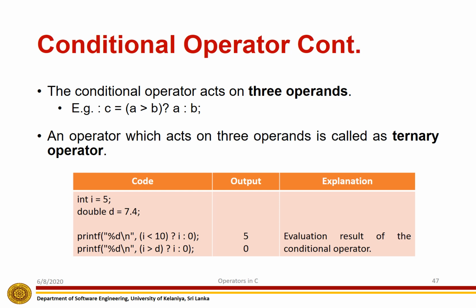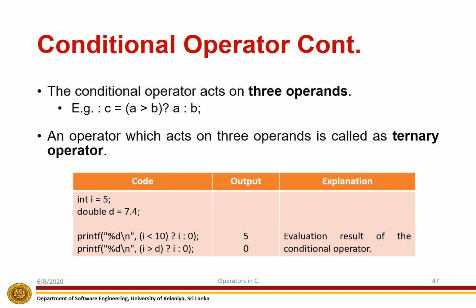Here i is 5 and 5 is less than 10, so it prints i, which is 5. In the second one, if i is greater than d, it has to print i, otherwise 0. Here i is 5 and d is 7.4, so it is false, so it prints 0.